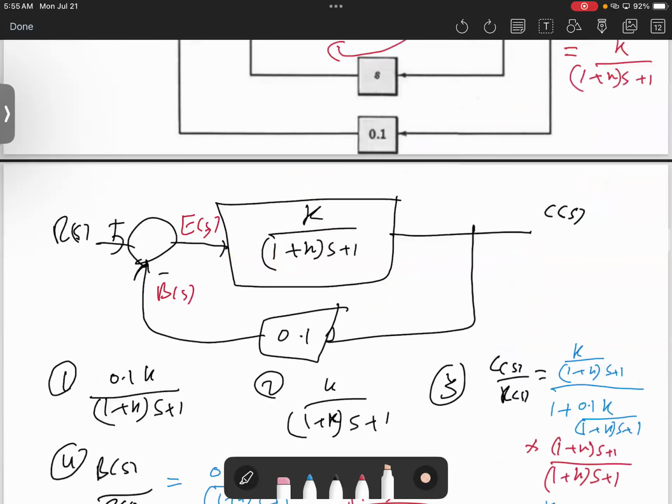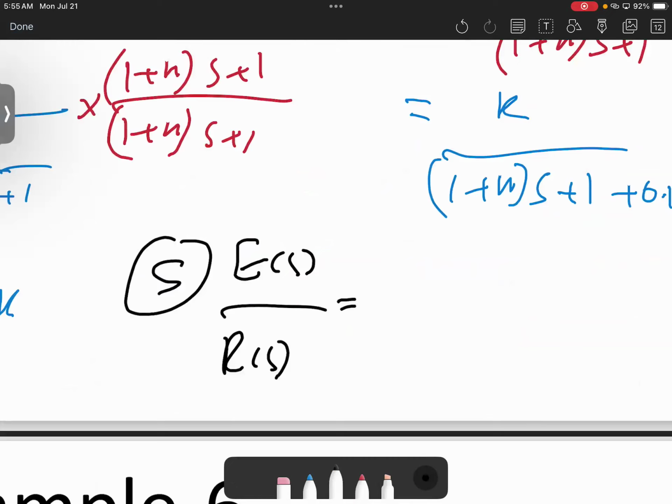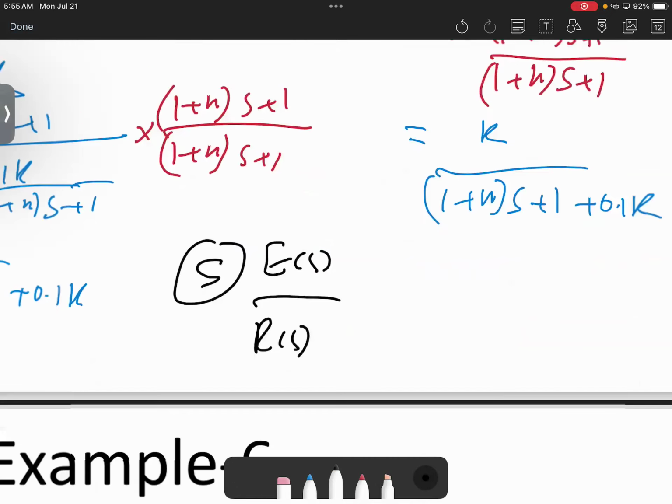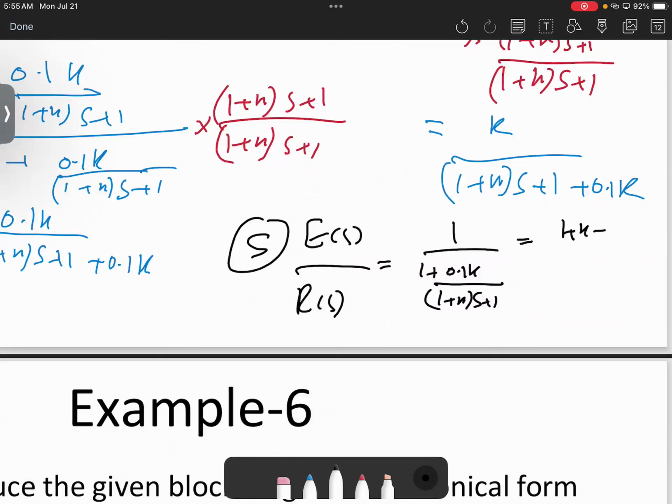Now it can be written as 1 over 1 plus 0.1 k divided by 1 plus k times s plus 1, which after simplification is 1 plus k s plus 1 divided by 1 plus k times s plus 1 plus 0.1 k. Okay? This is number 5.